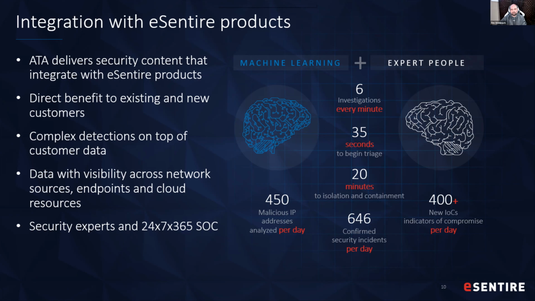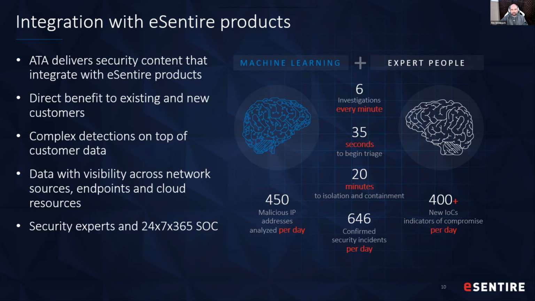Where our machine learning and our complex detections really shine, though, is when we go across these log sources. We can say something has happened in endpoint that we can correlate to something in the cloud, and we can extract value from that directly for our customers and say, this is something that eSentire does really well, and this is where you're really benefiting from signing up with us.